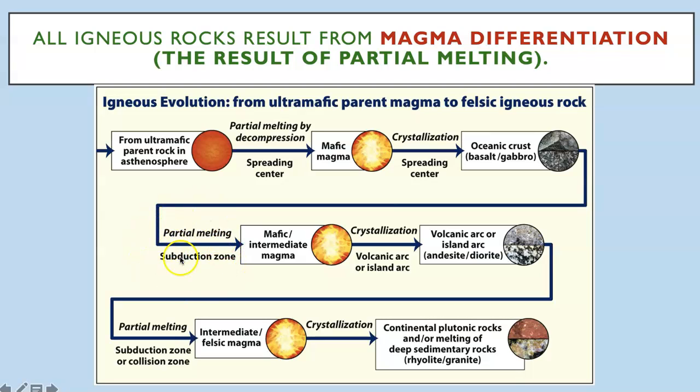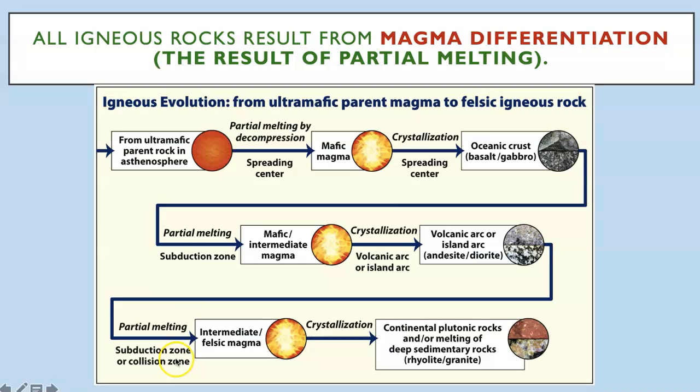If those rocks then partially melt, remember silica preferentially leaves the partially melted rocks, and maybe now we have an intermediate type of magma, which when cooled and crystallized forms a volcanic arc with andesite or diorite. Those are intermediate rocks.